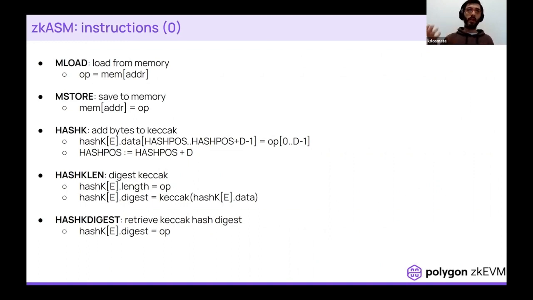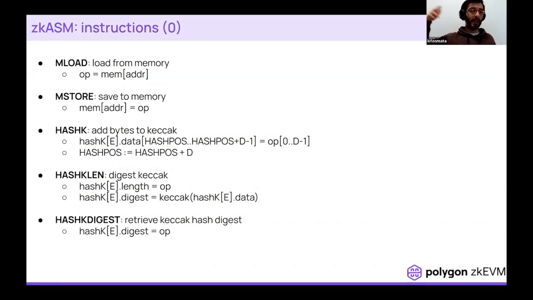Memory load is just to load some memory region to this intermediate value. Memory store: we just store the intermediate value into memory. Hash key len and hash key digest: those three instructions are used in order to perform keccak hashes.